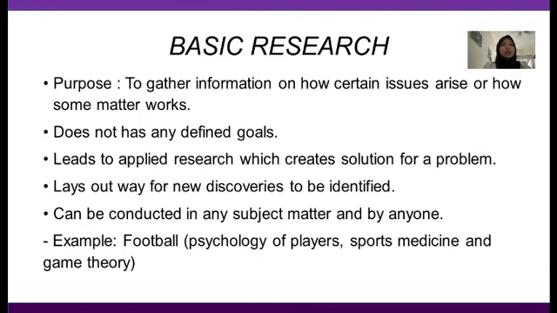Basic research does not have any defined goal. This can lead to applied research, which creates solutions for the problem. It lays the way for new discoveries to be identified. It can be conducted in any subject matter and by anyone. For example, football: physiology of players, sports medicine and game theory.